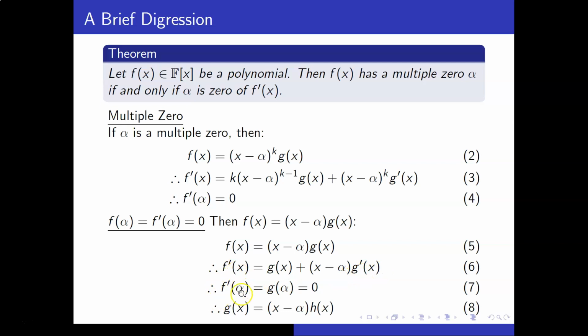When I plug in alpha, I'm going to get 0 by assumption, but that means that g of alpha has to be 0. So g of x has a factor of x minus alpha, so I can factor that out back here, and I get that f of x has to be at least x minus alpha quantity squared times something. It is therefore a multiple zero.